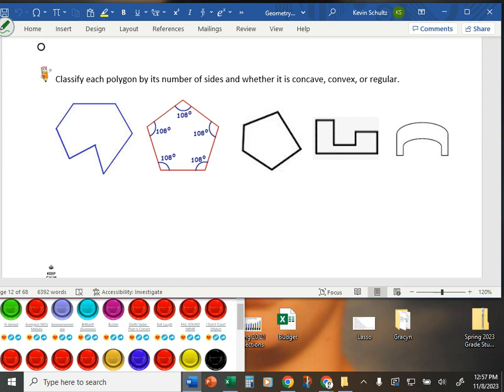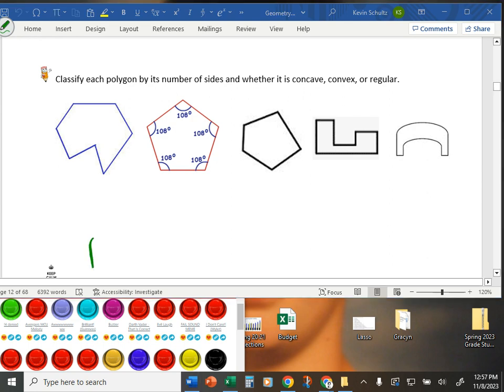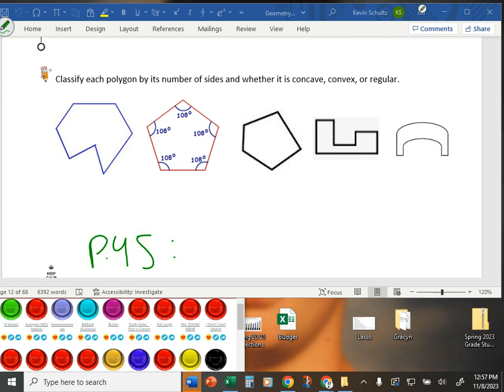In addition to your homework, page 45. I'd like you to do 18 through 23.